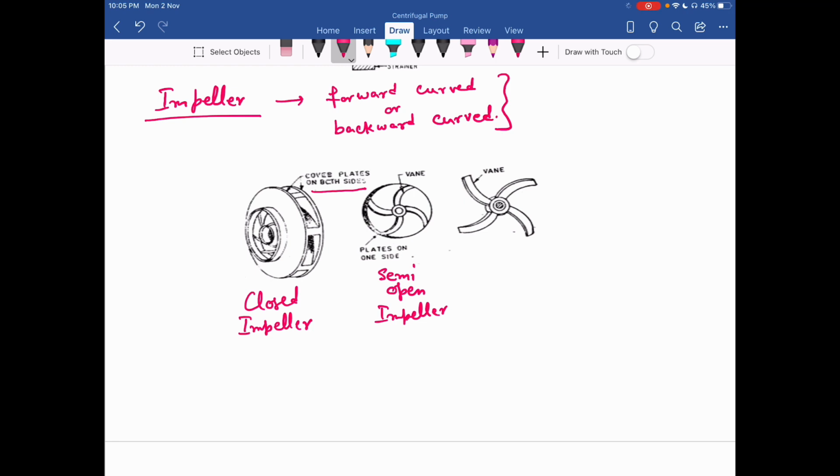So it can be used when the liquid is blended with some highly viscous solid mixture. Highly viscous solid mixture is mixed with your water. In that case, we can use semi-open impeller. Then the third one is open impeller.